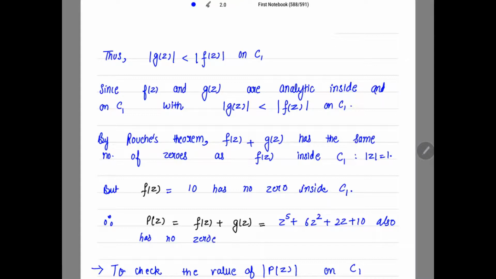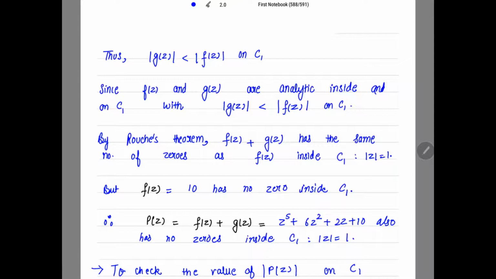So this also has no zeros inside C1, that is |z| = 1. So one thing is clear, right? We are not having any zeros inside C1. Now what about on C1? Let's also check this, right?